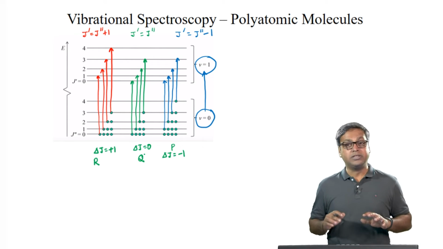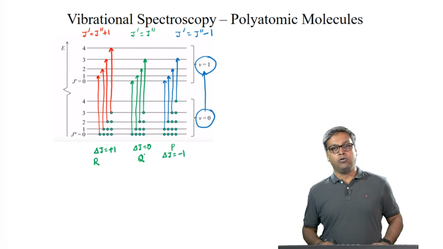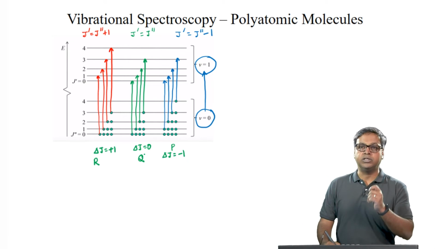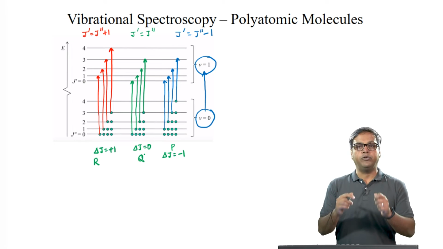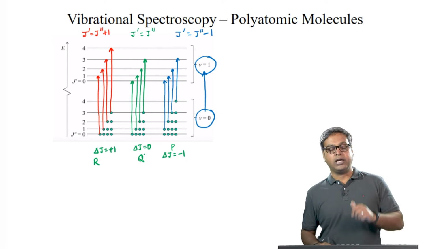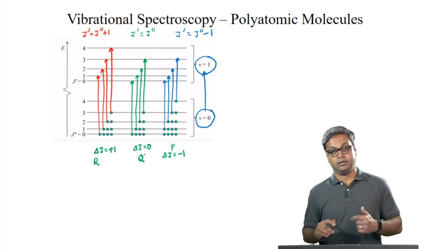So, they will be slightly different, but will be pretty close. Because of that, all these lines associated with delta J equals 0 will overlap with one another. So, the central spike associated with the Q branch will be quite intense.